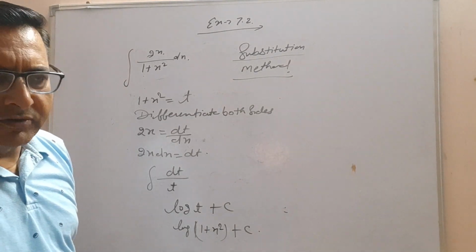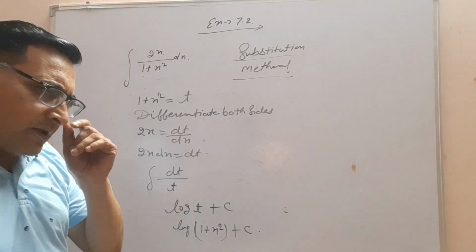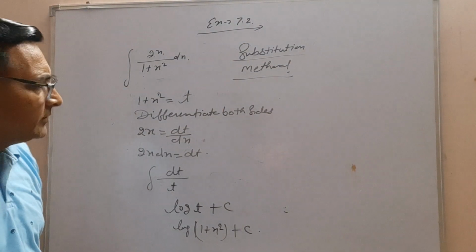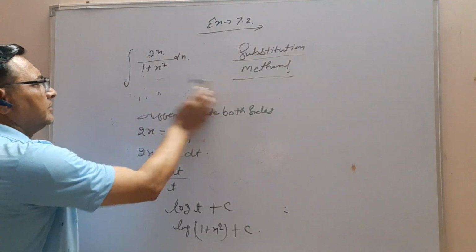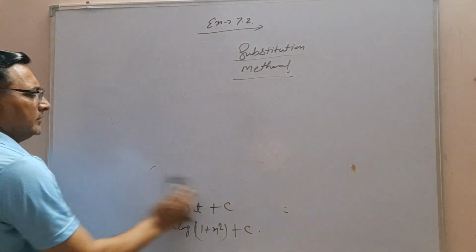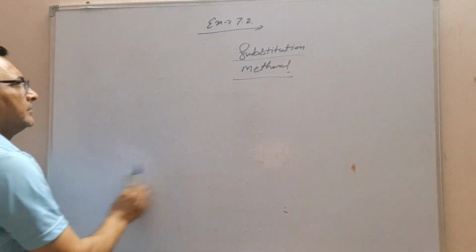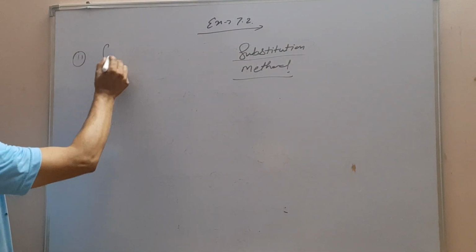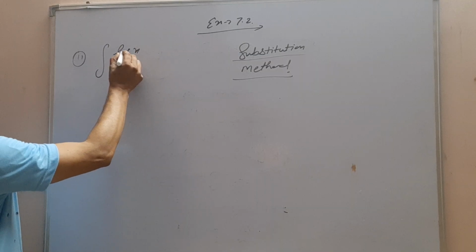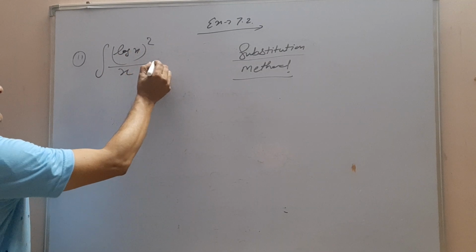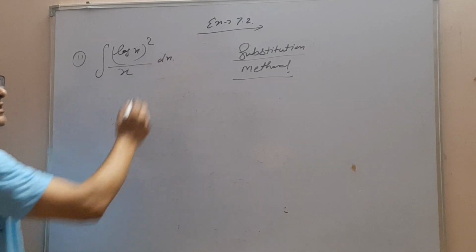Now the second question is again of the same type. Log x whole square by x into dx.